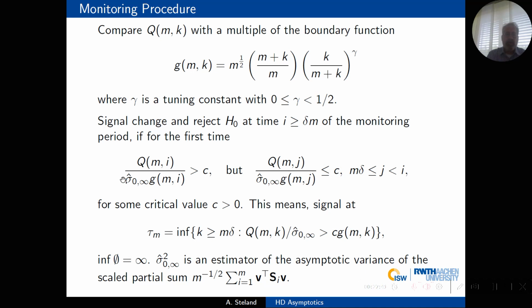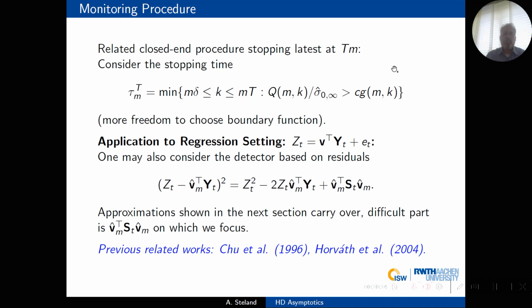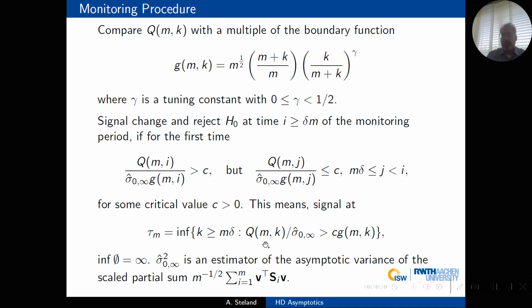Here we introduce an estimator of the asymptotic variance of the scaled partial sums of the terms we are looking at, in order to get an overall statistic which is scale invariant and leads to a well-defined limiting distribution in terms of Brownian motion. So this means we have a well-defined stopping time. We can formulate the procedure in terms of this stopping time. We also have a related closed-end procedure. This procedure monitors the sequence forever.